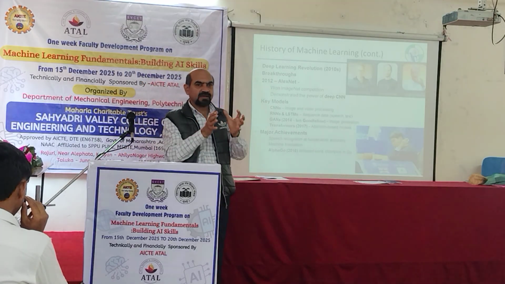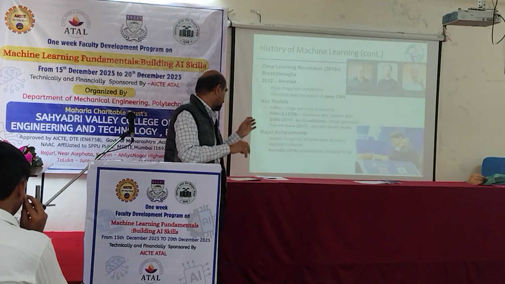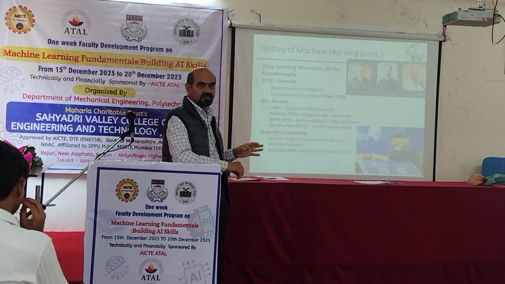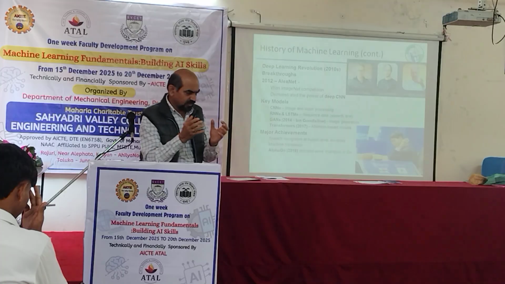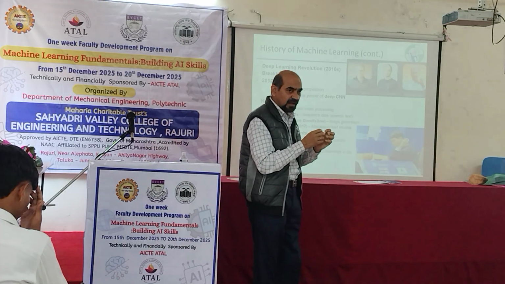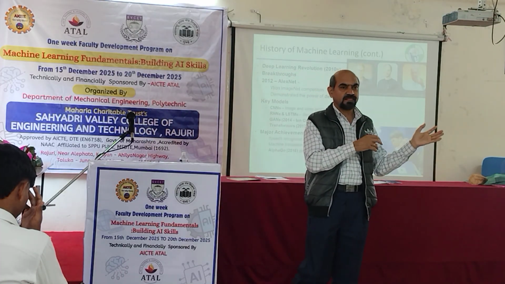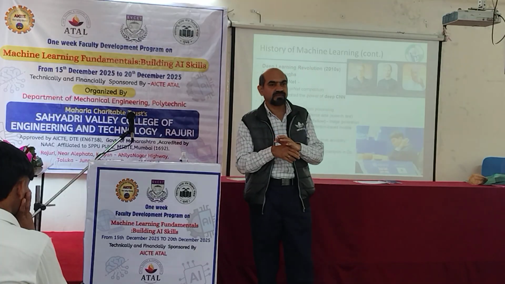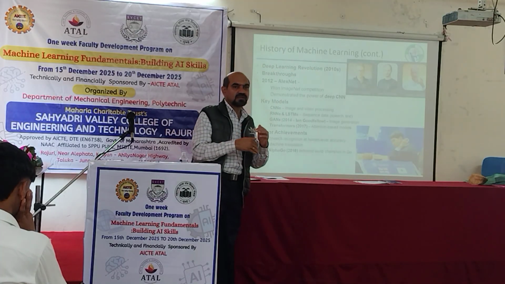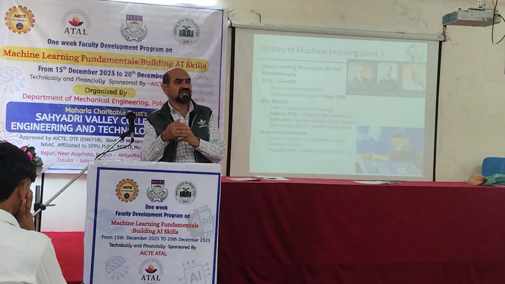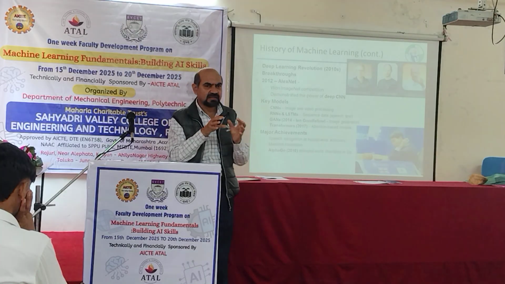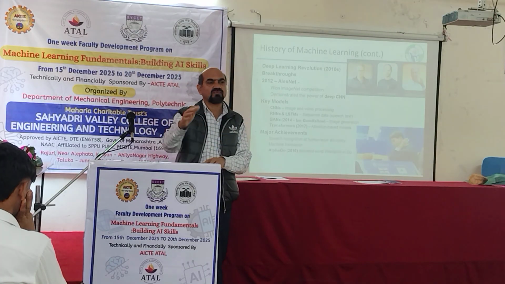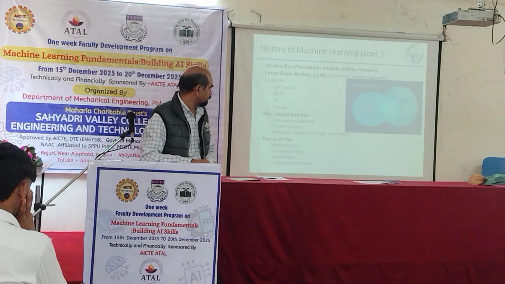It was human versus machine, and the machine won that game because of how it was trained. Thousands of moves, thousands of data were inserted, and based upon that it won and gives the answer.